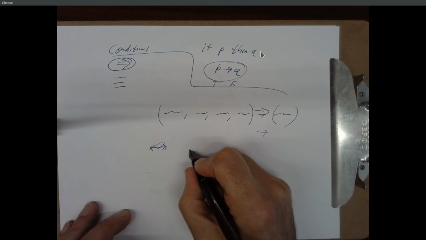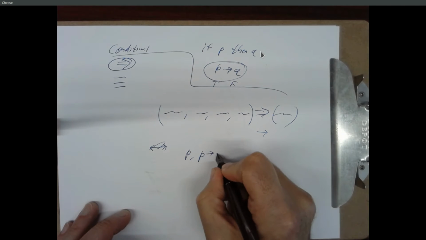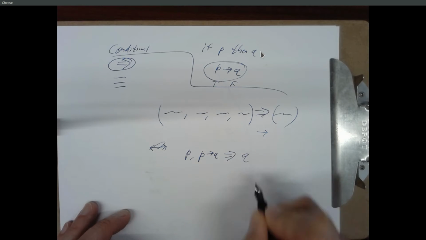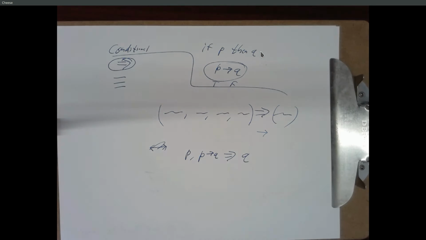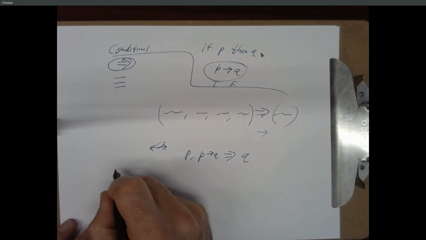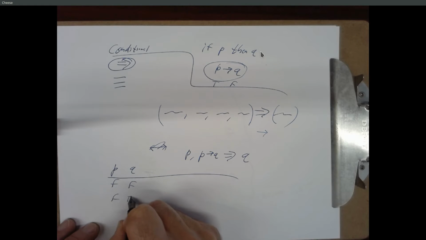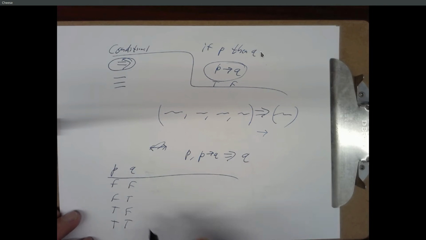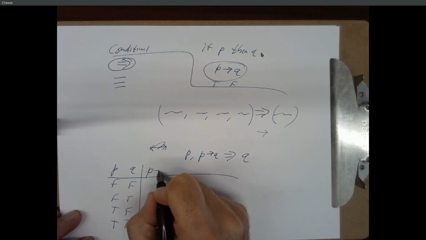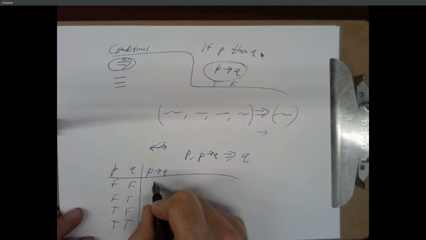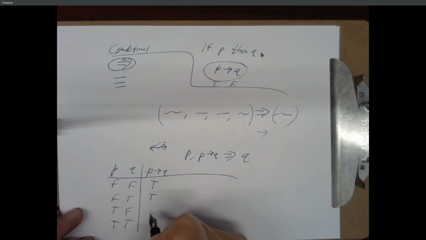So let's do this. P and P implies Q implies Q. Right, so that's a true theorem. So build your truth table with P and Q up front. And then build a truth table for P implies Q, the conditional.